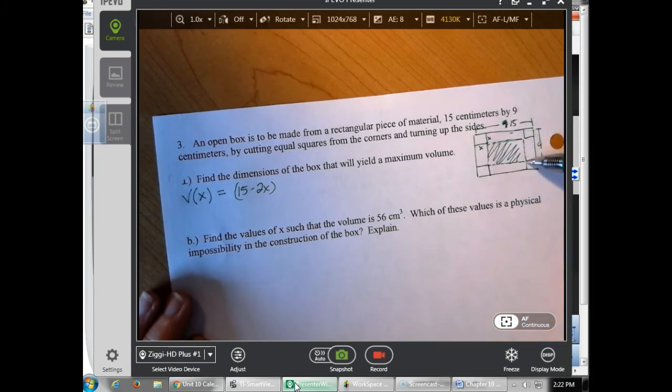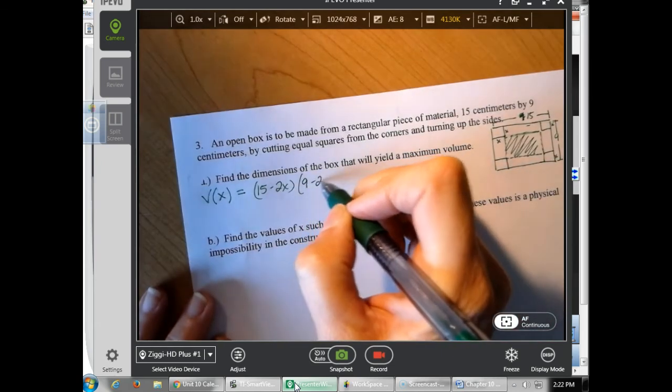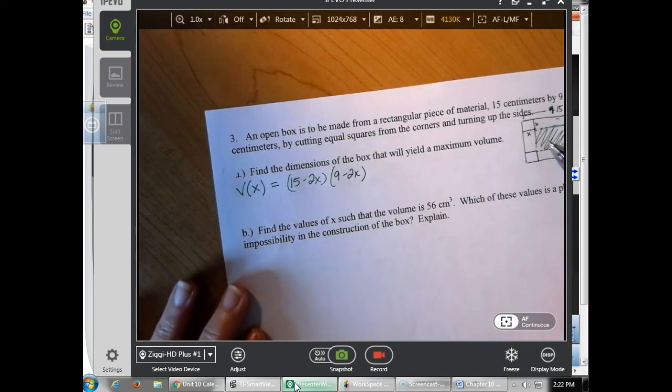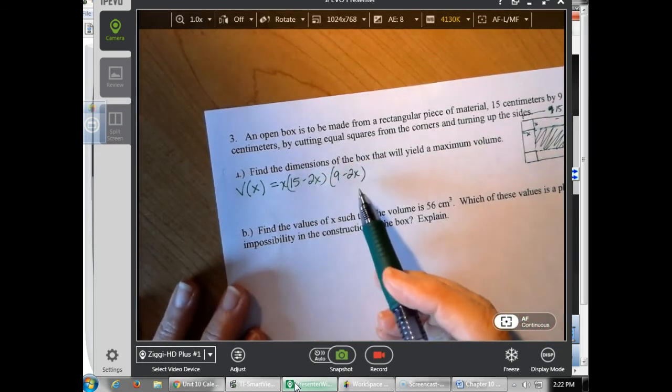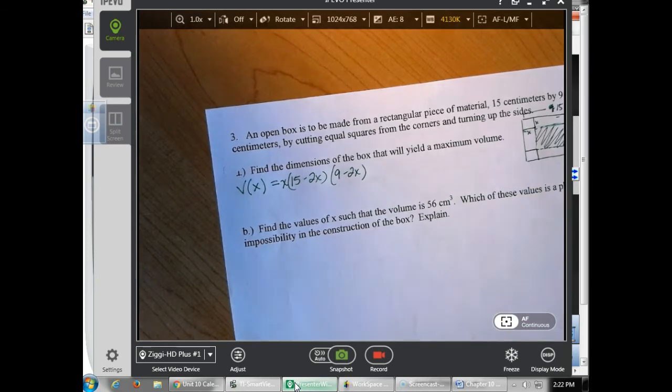And then this is just going to be 9 minus 2x as well, because that's an x and that's an x. And then, of course, when I fold the flap up, the height will be an x as well. So that is the function that we're dealing with, and we want to maximize that function.